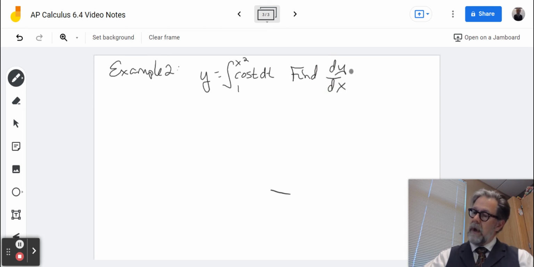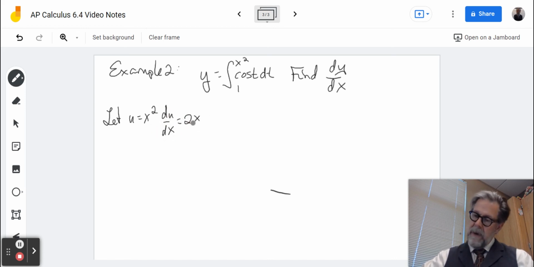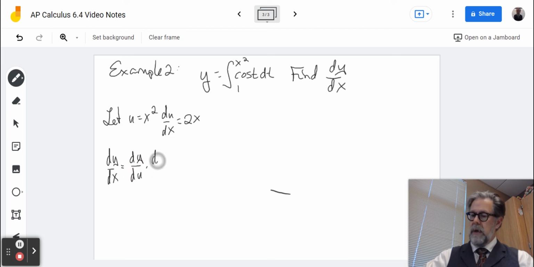So here's what we're going to do. Let u equal x squared, which means that the derivative of u with respect to x is equal to 2x. And the chain rule says that dy/dx can be written as dy/du times du/dx.